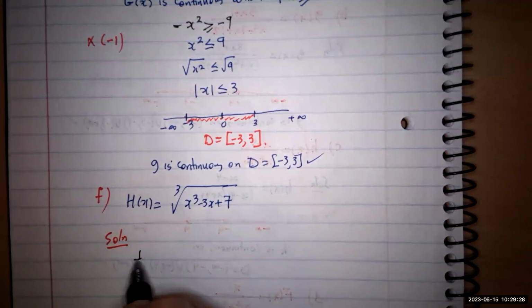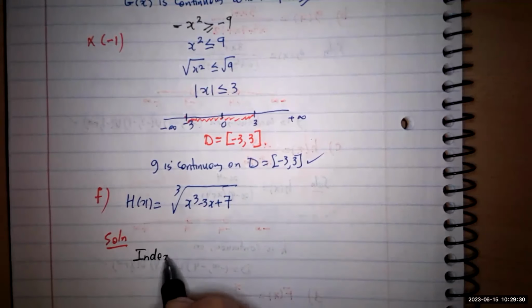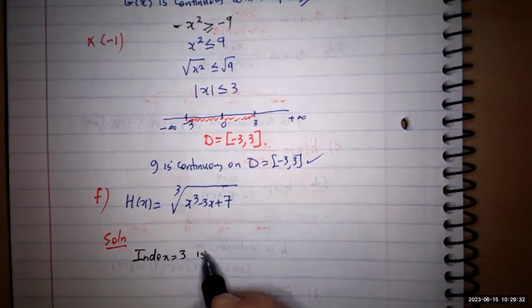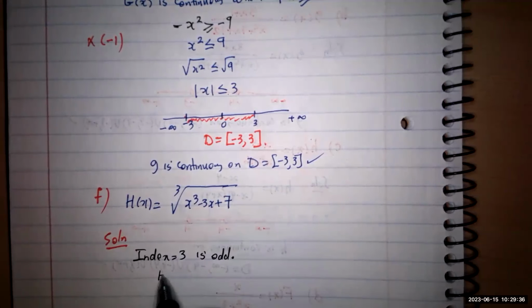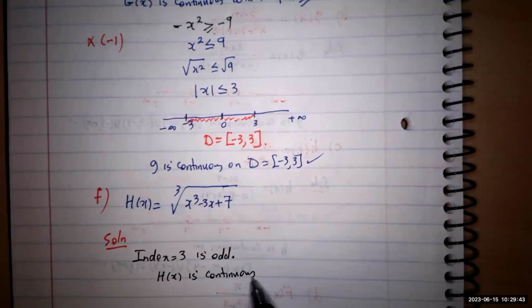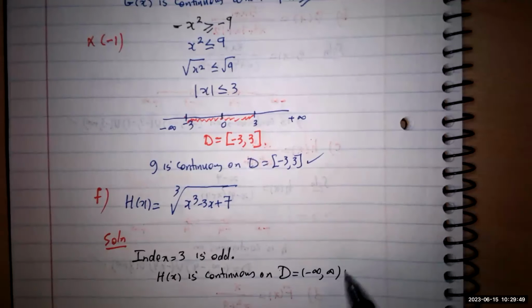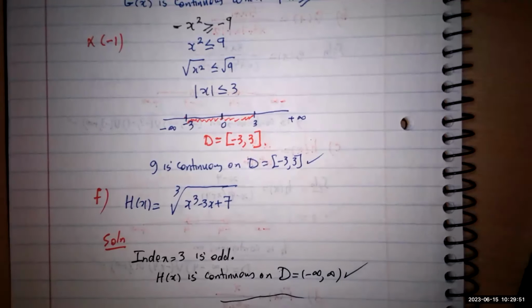So the index, 3, is odd. So h is continuous forever. It is continuous because it's a polynomial on R, the domain equal to negative infinity and positive infinity. And then you're done.